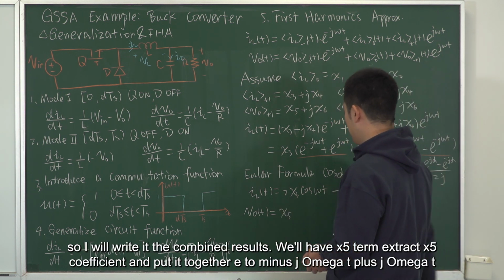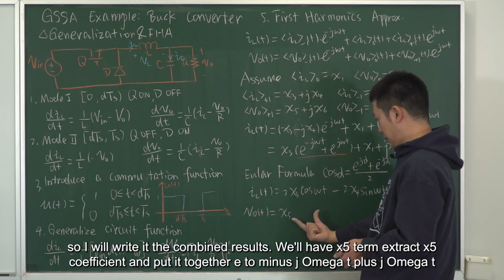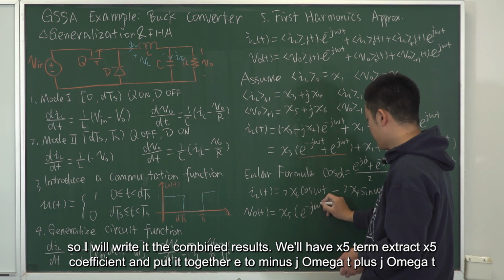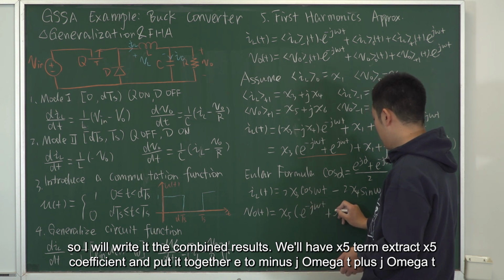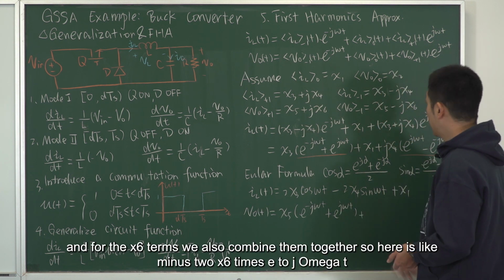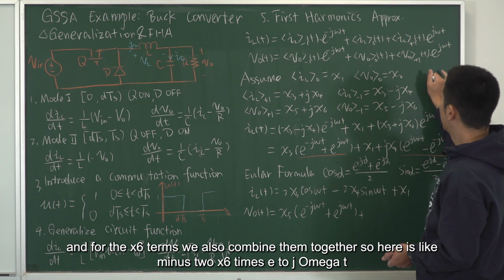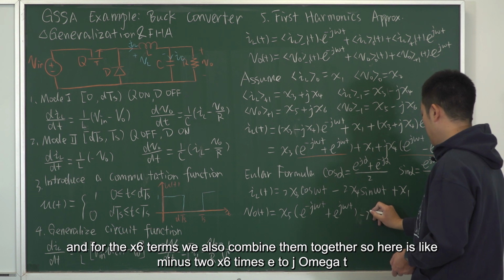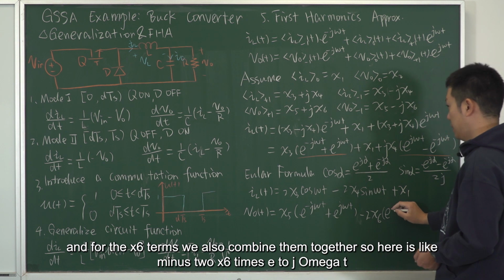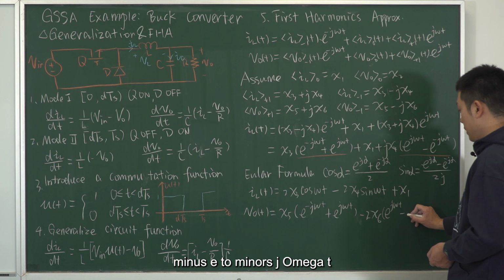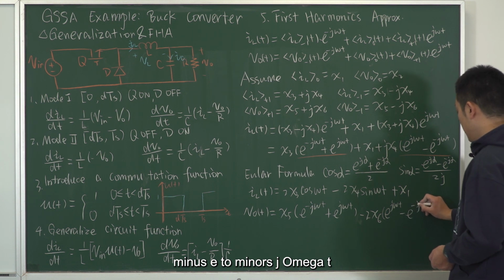We will have the x5 term, extracting x5's coefficients and putting them together: e^(-j omega t) plus e^(j omega t). And for the x6 terms, we also combine them together. So here it is minus 2x6 times (e^(j omega t) minus e^(-j omega t)).